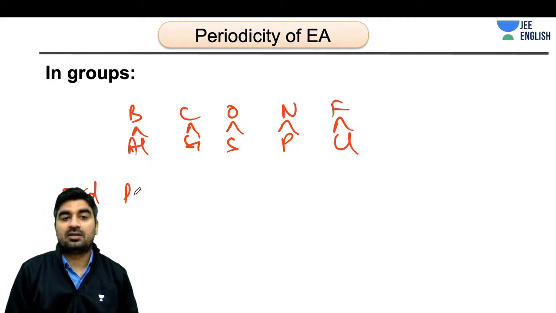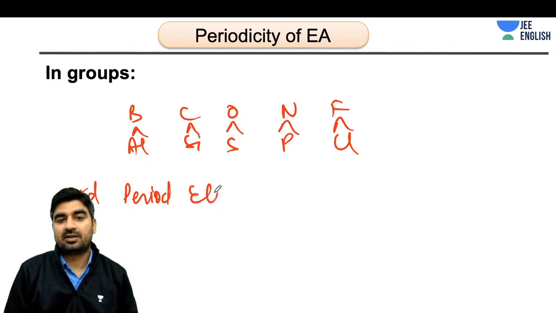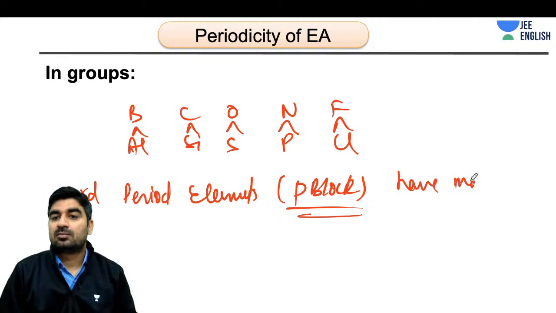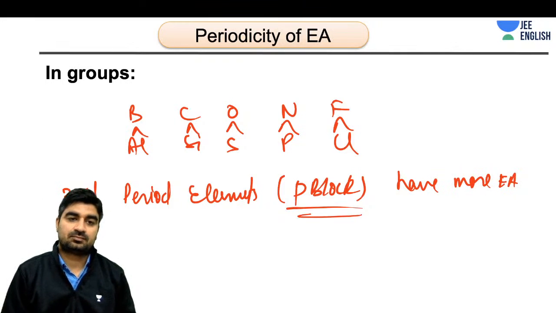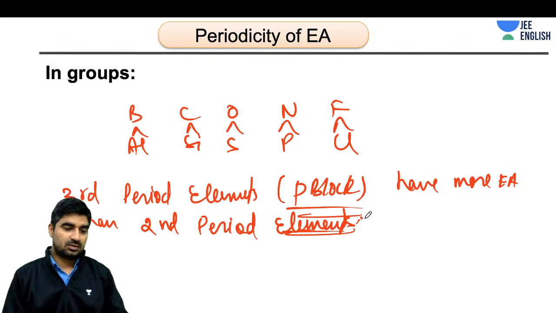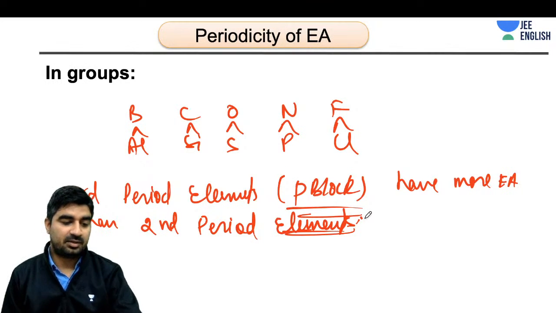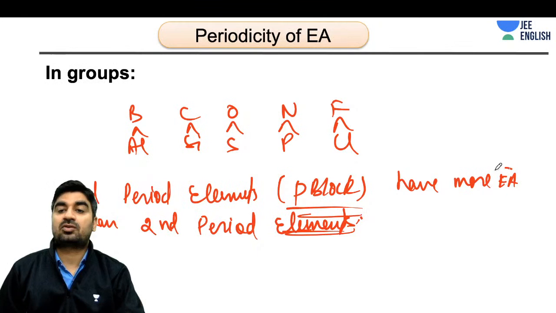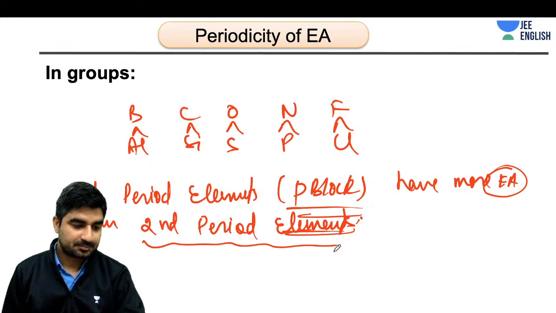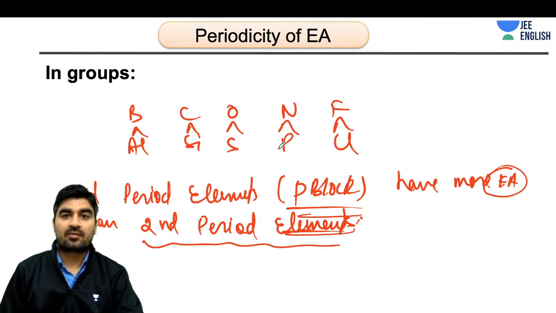So third period elements for p block have more electron affinity than second period elements. Got it? Third period elements will have more electron affinity than second period elements. Any doubt? Remember it.